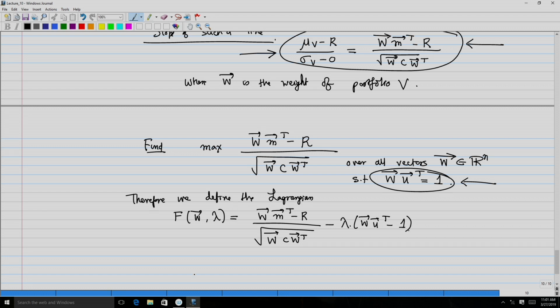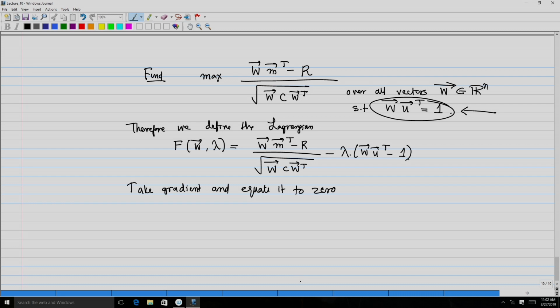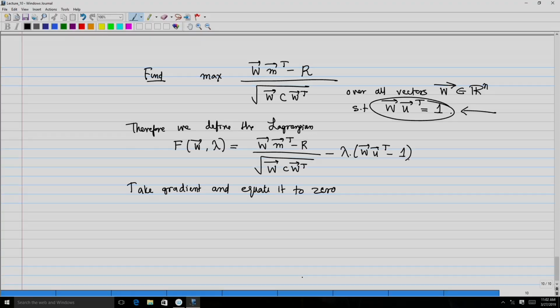Now, in order to maximize this, what we do is that we take the gradient and equate it to 0. Alternatively, you can actually open up the entire expression for f of W, lambda in terms of the component weights W1 to Wn and take the partial derivative of f with respect to W1 to Wn and collate them again, and set that equal to 0, and the consequent result would be as follows.